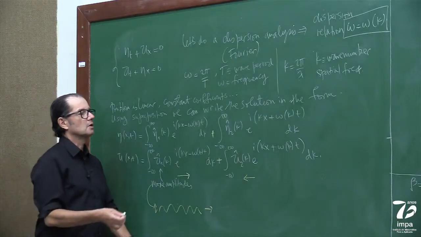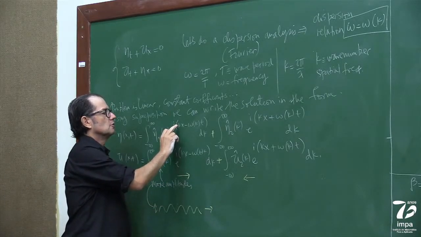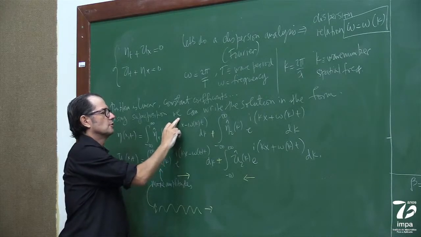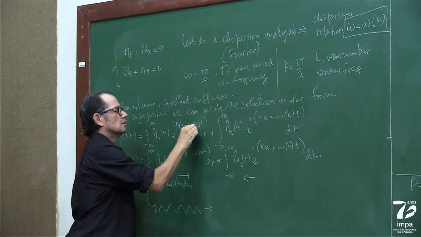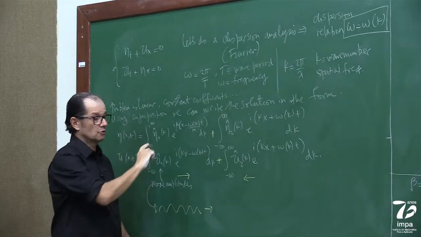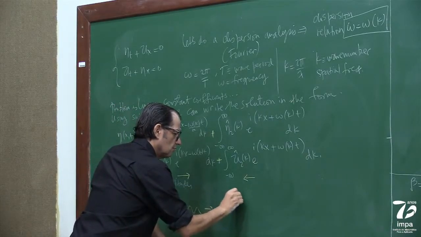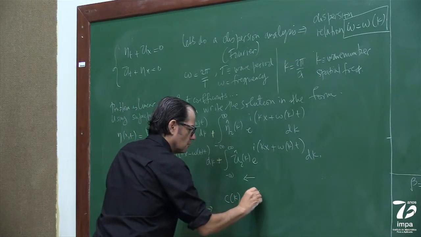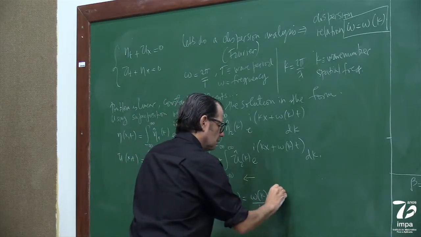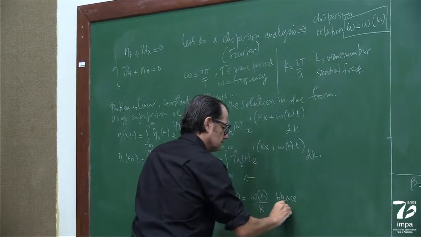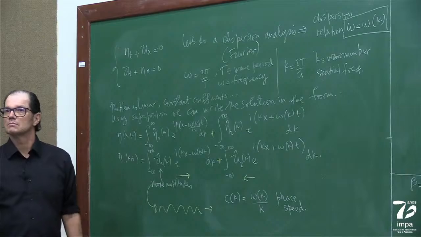Okay? And look, if you're not happy looking at this, you can actually put the k outside, divide by k, do this everywhere, and we have that c of k is omega of k divided by k, and this is called the phase speed.